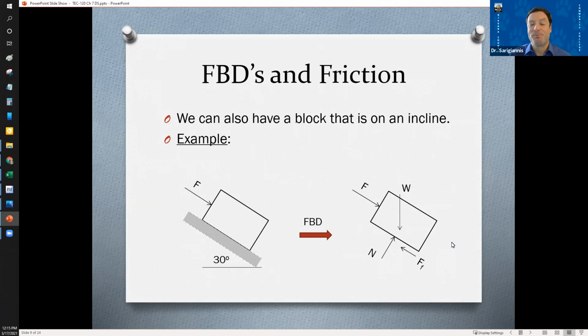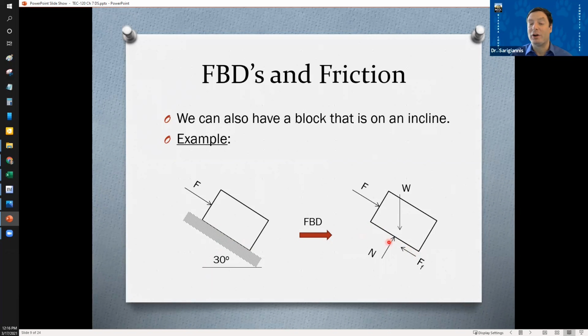This is an incline. This is what I was telling you about earlier. If you have a block on an incline, if I draw the free body diagram of this, it's going to look like this. The normal force is perpendicular to the surface, right? This is just like you would draw for a ruler. The normal force is perpendicular to the surface of contact between that box and the surface.